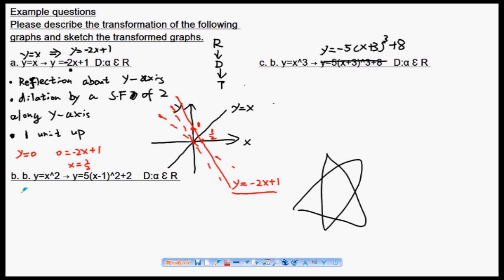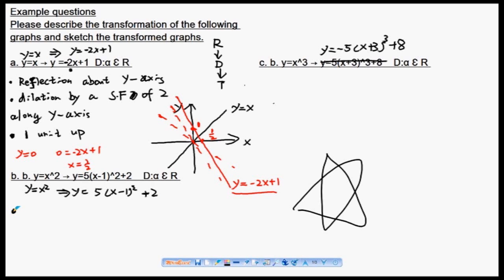Now let's look at question B. We describe the transformation first. Basically, it's a parabola y equals x squared, and it is transformed to y equals 5 times (x minus 1) squared plus 2.